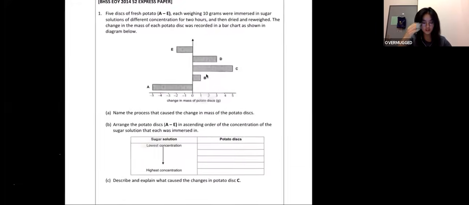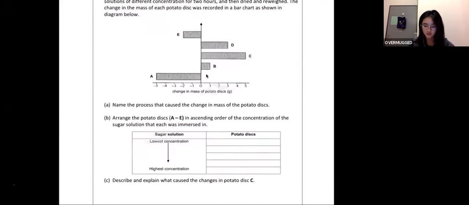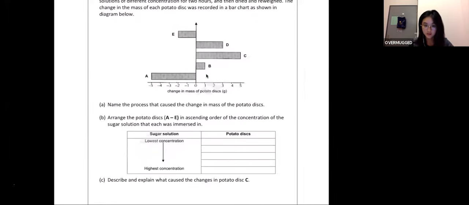Now, for this question, we have 5 discs of fresh potato immersed in sugar solutions of different concentrations. Then obviously there are some changes in the mass. Either it reduced in mass or increased in mass. And then there's a graph to show the differences of each potato strip. Part A, name the process that causes the change in the mass of the potato discs.